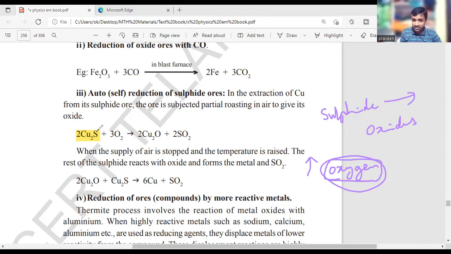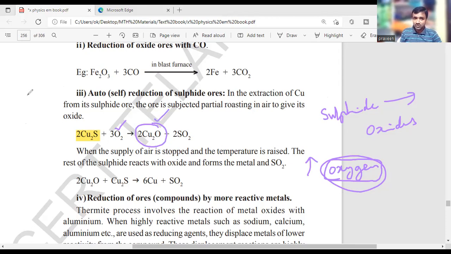When you supply oxygen for a limited time period, this copper sulfide will combine with the oxygen and become Cu2O. But the total ore that you have taken will not be completely converted into oxide form. Only some amount is converted into oxide form.